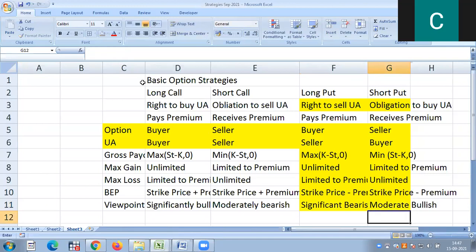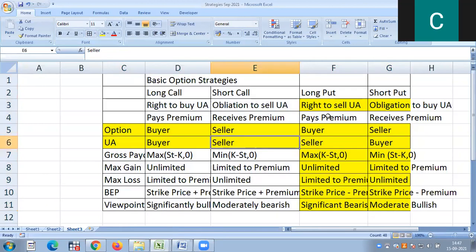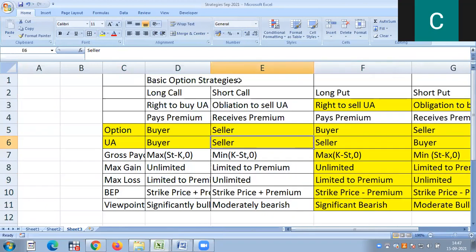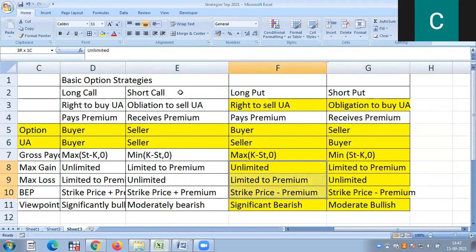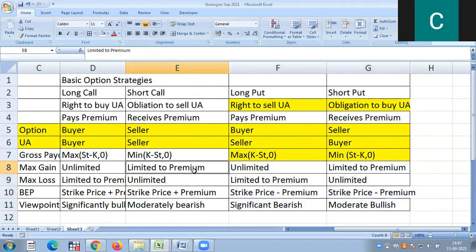I have kept all these things in the same place so we can easily look at them once more to get more clarity. An easy way to remember payoffs: the buyer of the option has only a right, and the seller of the option has an obligation. The seller has given up his right to someone else and in return received premium.